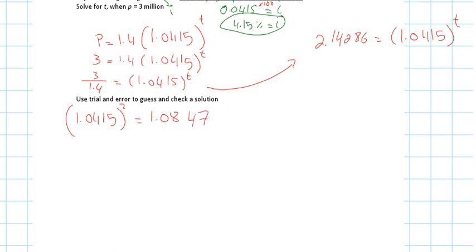To the power of 18? Okay, so let's write 18. So what did you get for 18? 2 point something. Yeah.